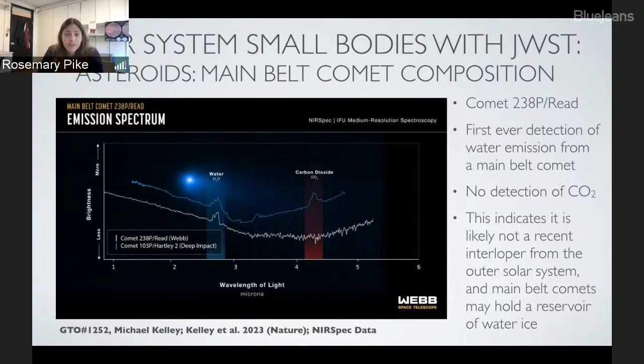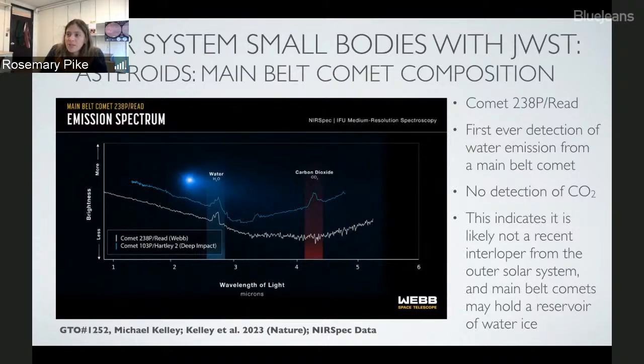But in the main belt region, we expect these objects to be pretty devoid of volatiles because they've been in a much warmer place. So a lot of times it seems like the activity in this region is triggered by collisions, but it's also possible that these could be interlopers from the outer solar system that just look like they're currently main belt asteroids.